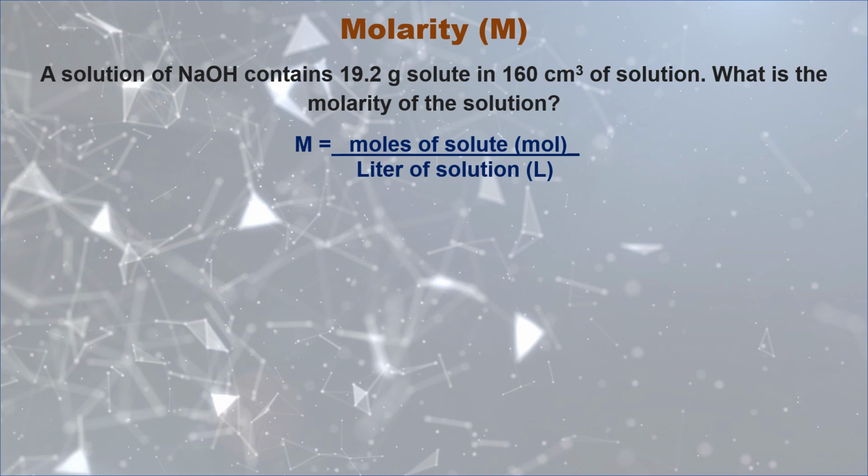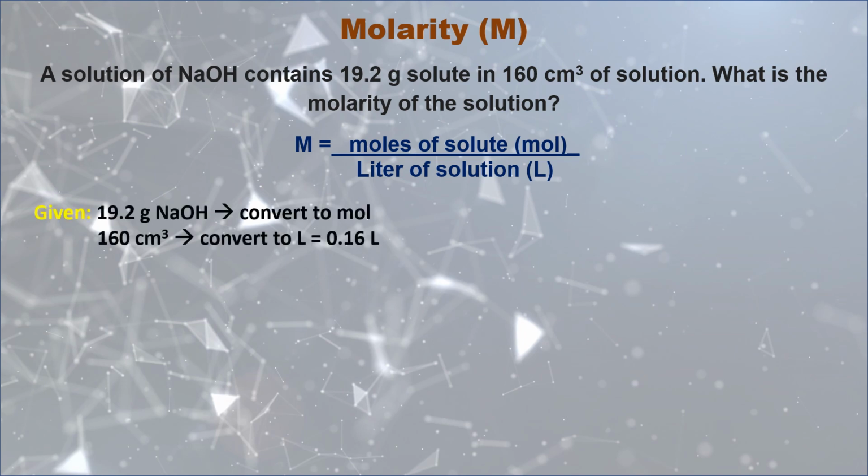Take note from the given that we have 19.2 grams of sodium hydroxide, which is obviously our solute. Since molarity is moles per liter, we need to convert this to moles.